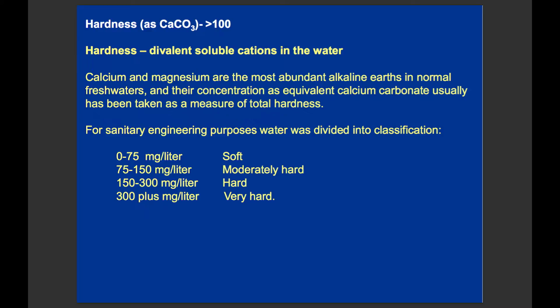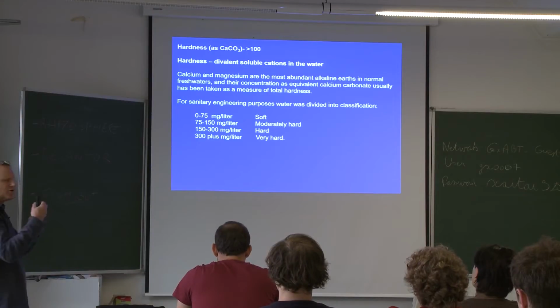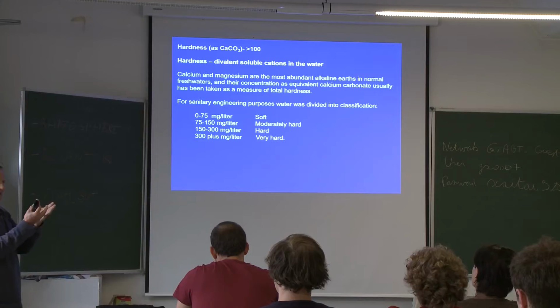Another term that is often used in aquaculture, but it's not very important in aquaculture, I guess, because it's mistaken or confused with the term alkalinity, is hardness. And hardness is the sum of divalent ions in water: calcium, magnesium, manganese, and so on. But calcium and magnesium are the most prevalent divalent ions in water.